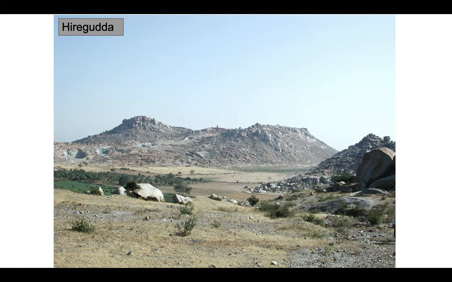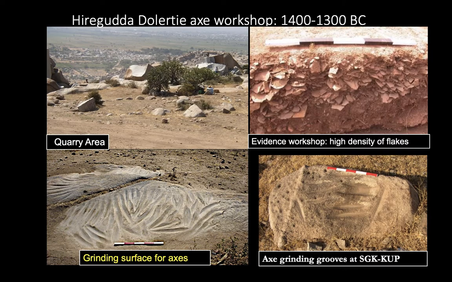So this is the site Hireguda. This is the general view of the site, and this is the quarry area of Hireguda, showing you the density of the Neolithic debitage. The Neolithic debitage is about 50 to 80 centimeters deep in this area.